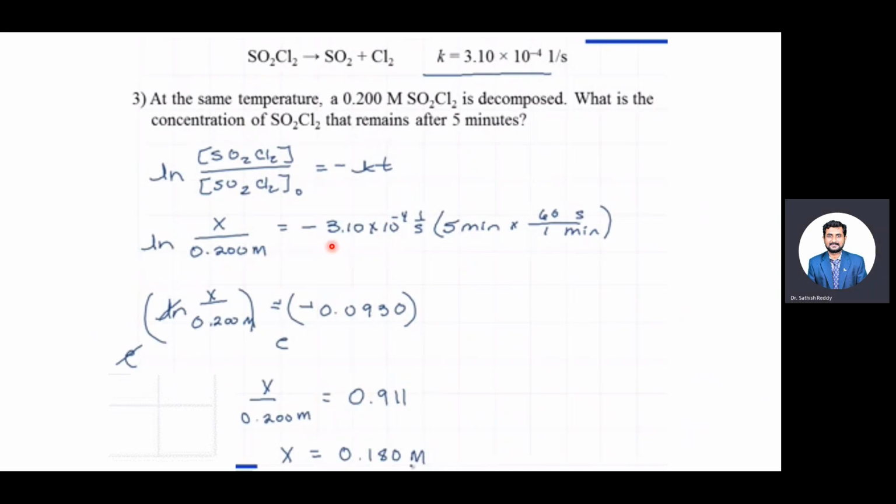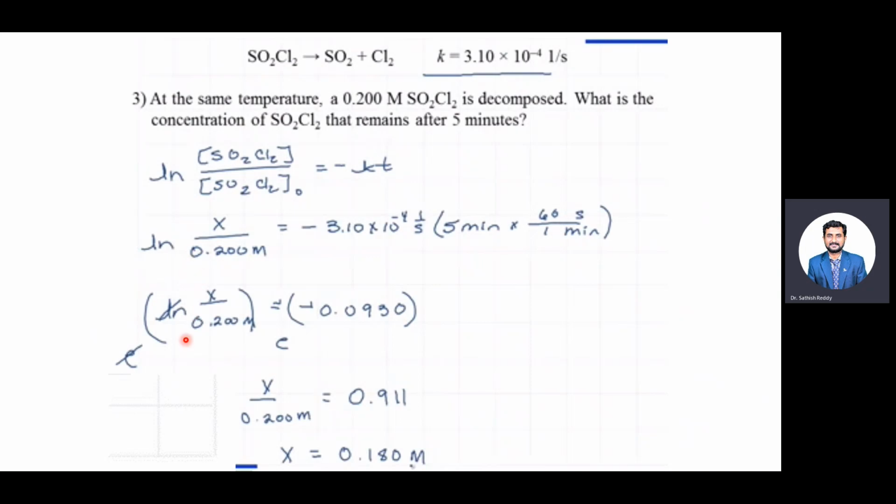For that, we are putting this k value here, and the unit is 1 per second for first order reactions. Here we are putting 5 minutes, converting 5 minutes into seconds: 5 minutes times 60 seconds divided by 1 minute, since 1 minute is 60 seconds.